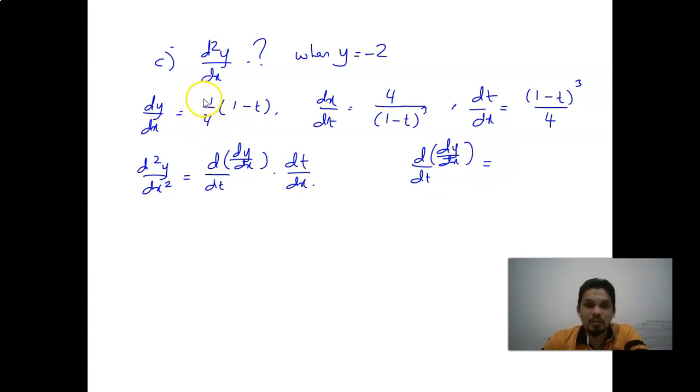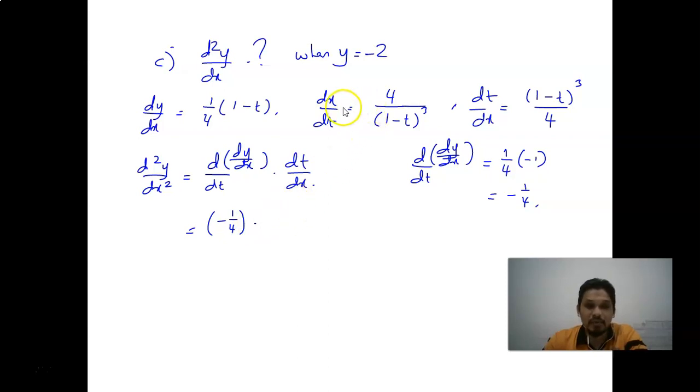It's a constant 1 over 4 here, and differentiating 1 minus t gives negative 1, which is negative 1 over 4. So the derivative of dy/dx with respect to t equals negative 1 over 4.